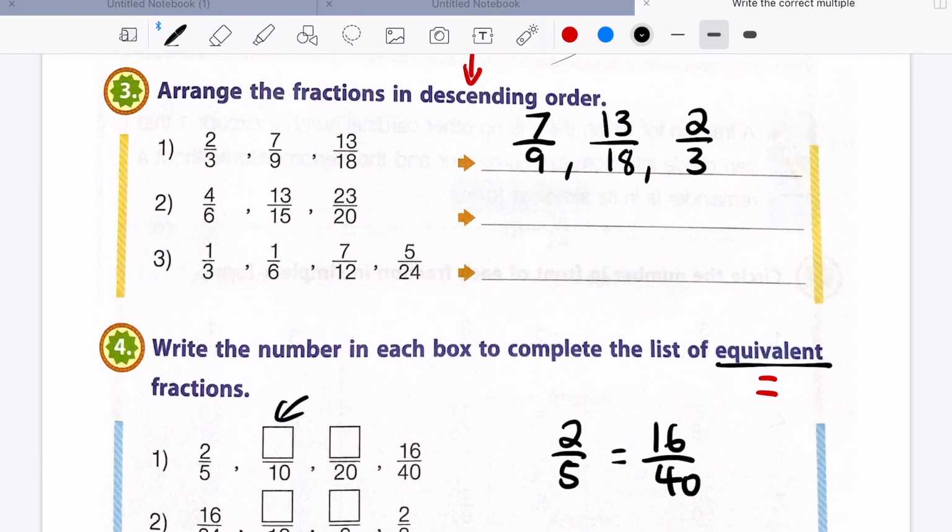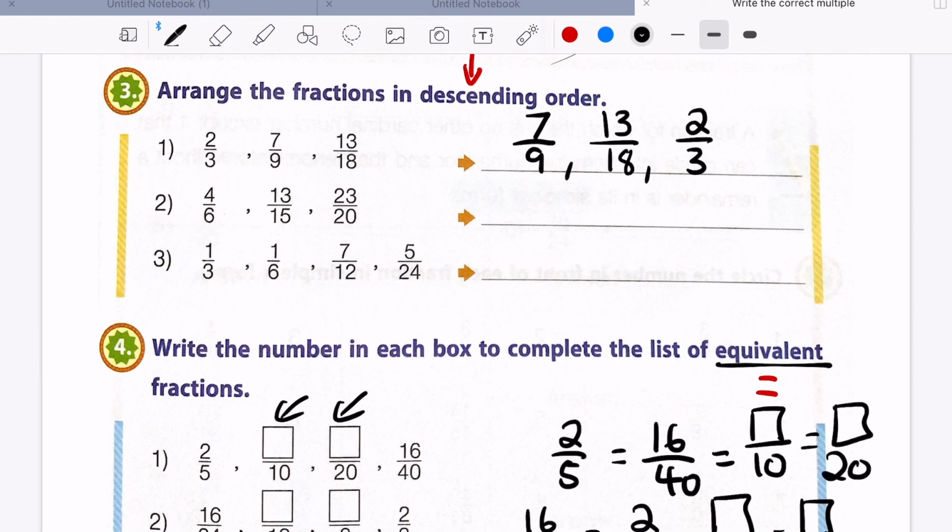So these numbers should also be equal. Here we have 16/24 is equal to 2/3 is also equal to blank over 12, blank over 6, also equal to blank over 10, blank over 20, right?